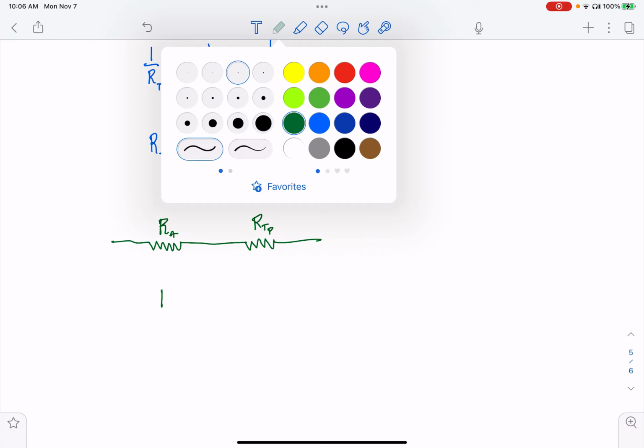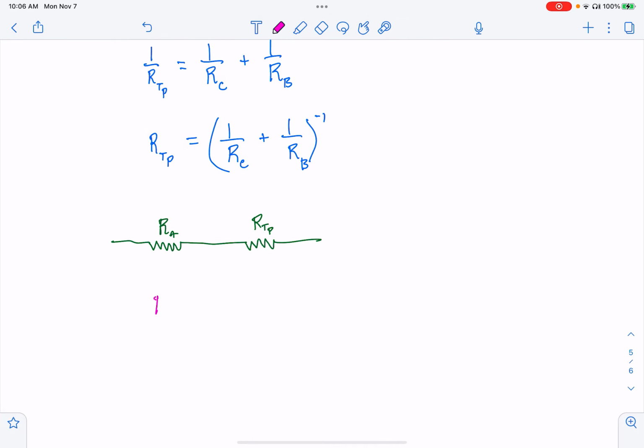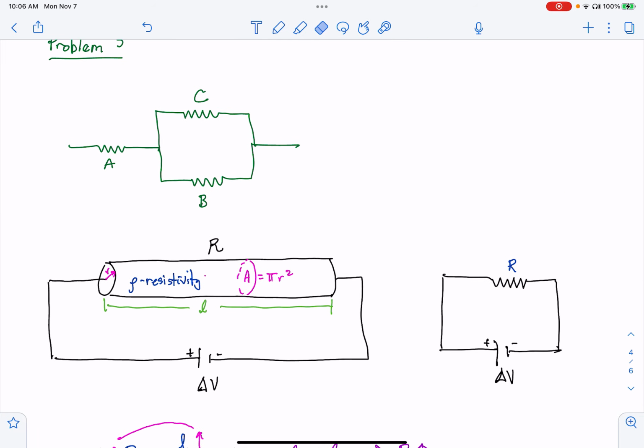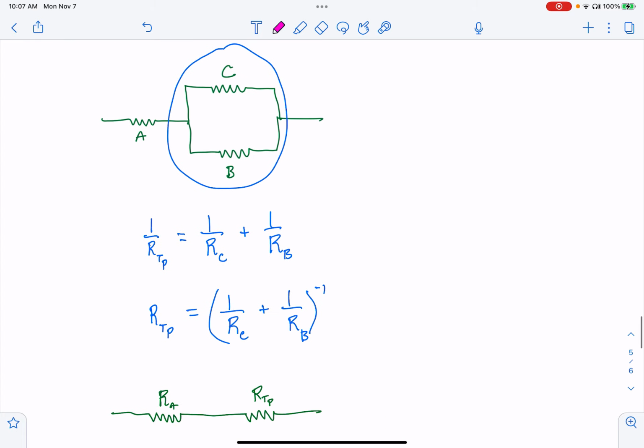This is just our resistors in series, and this is just going to be R sub A plus RTP. If this is confusing, what I'm doing here is allowing C to be R sub C, B to be R sub B, and A to be R sub A. And down here I'm doing the same thing: R sub A, R sub C, R sub B.